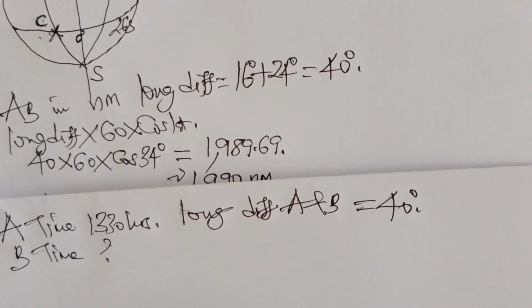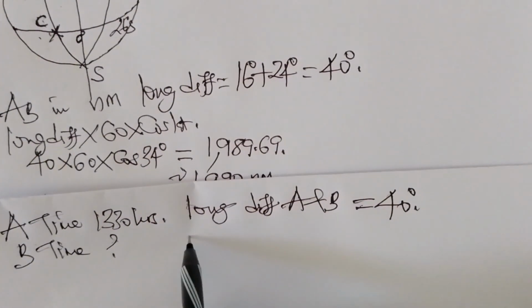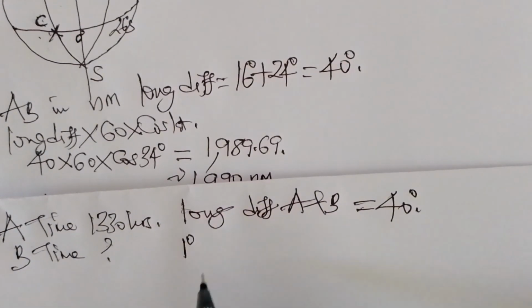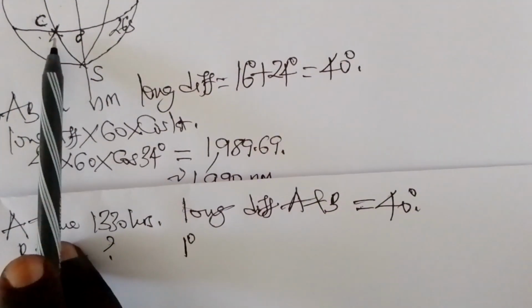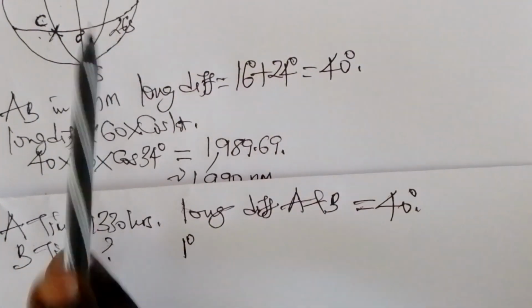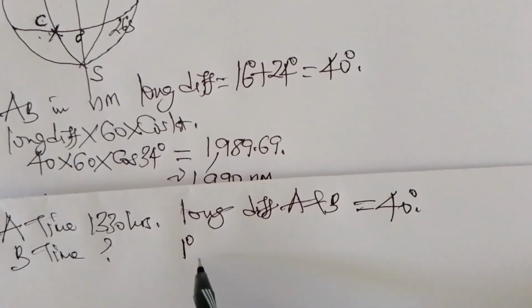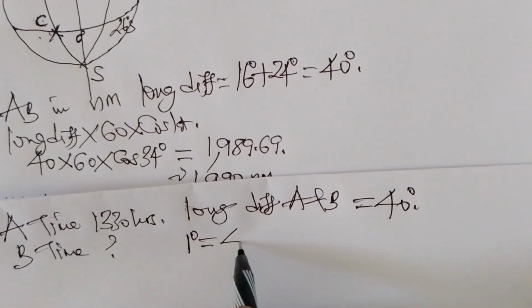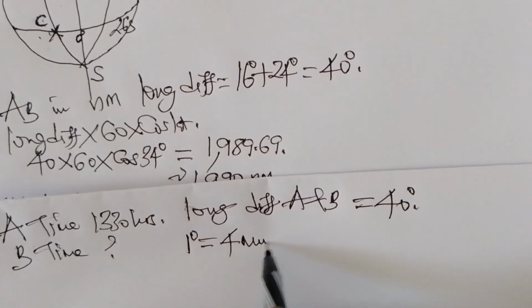And we know that a difference of 1 degree between two places on different longitudes is equivalent to 4 minutes.